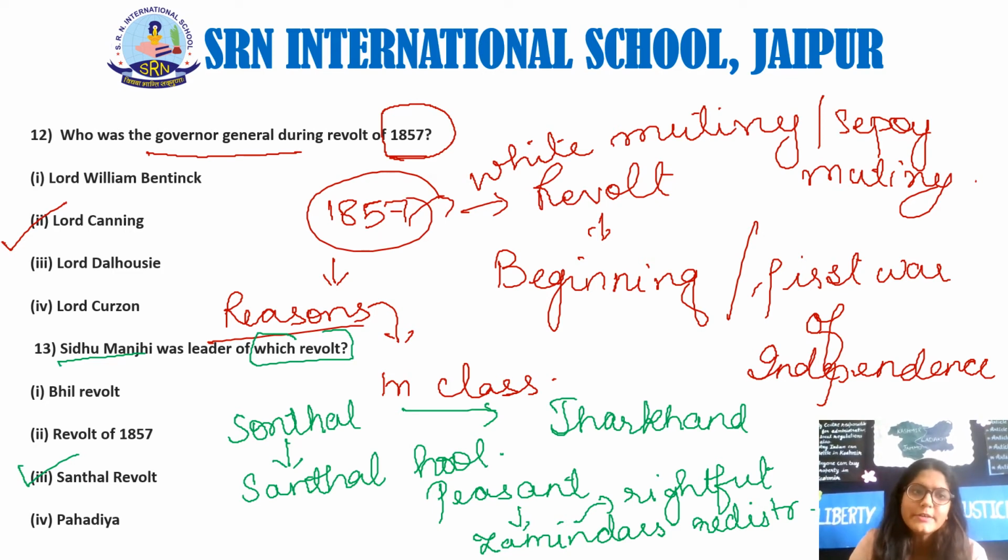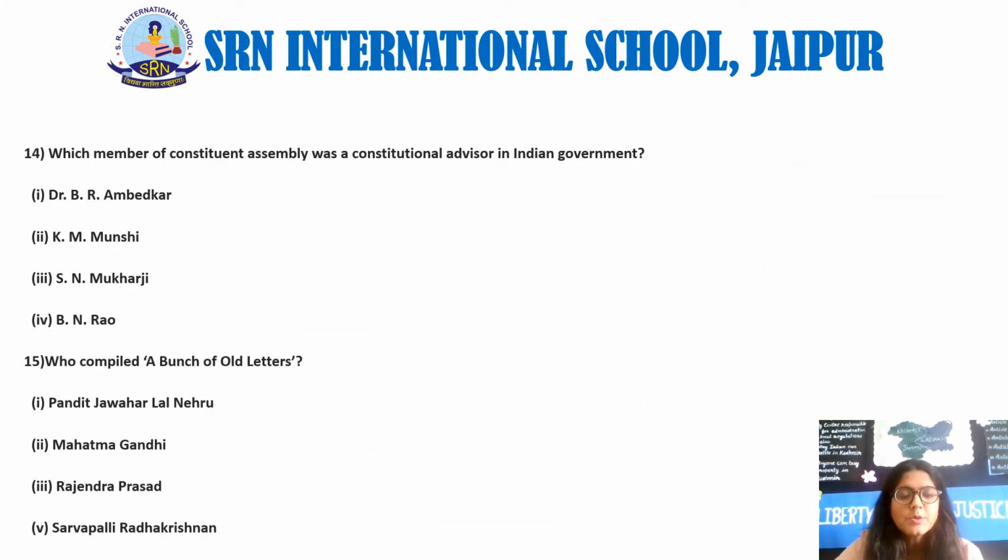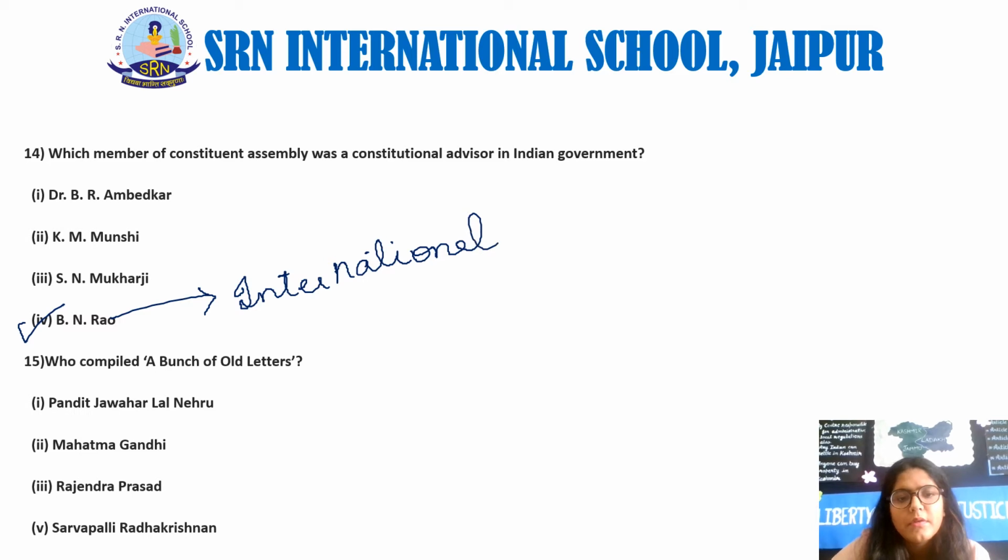Let us move further. Next question is, which member of the Constituent Assembly was the constitutional advisor in Indian government? Very simple question. It is B.N. Rao, and he was the very first person from India who represented India in the International Court of Justice.